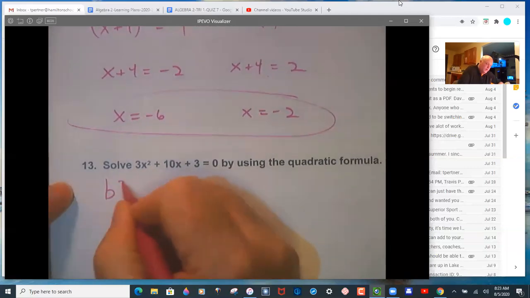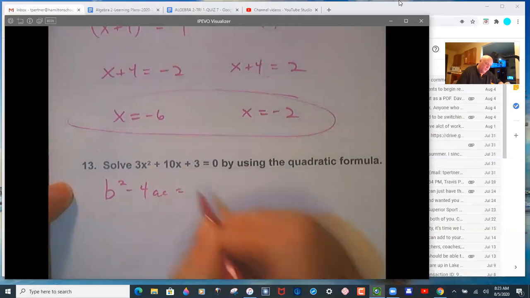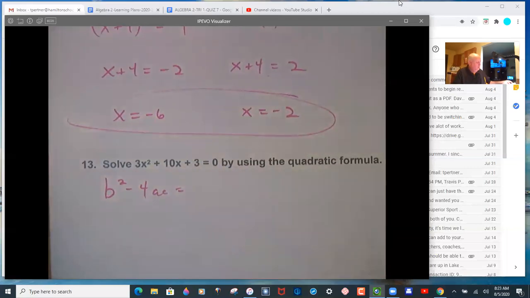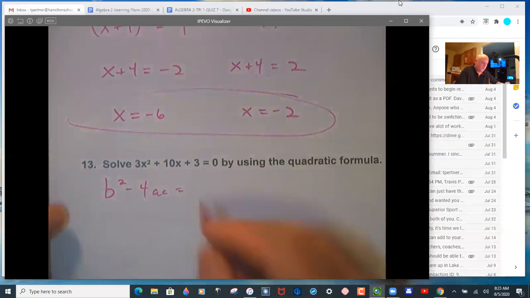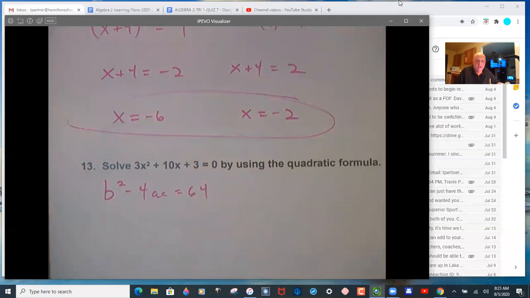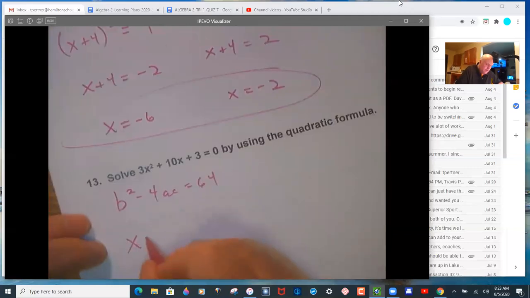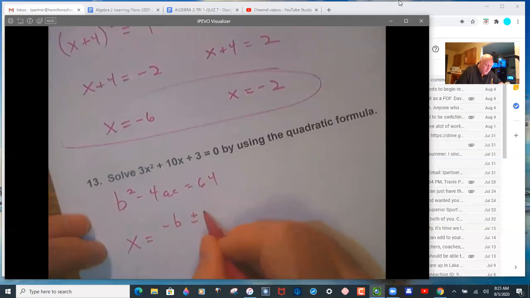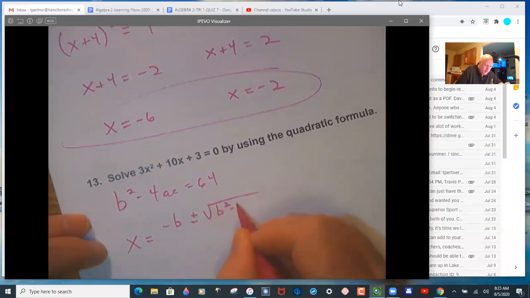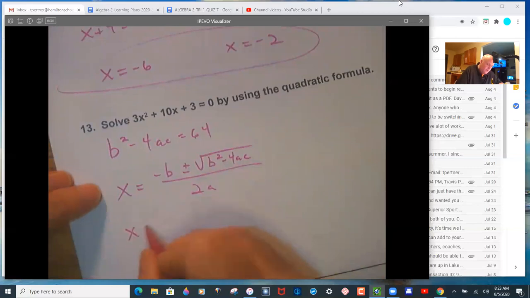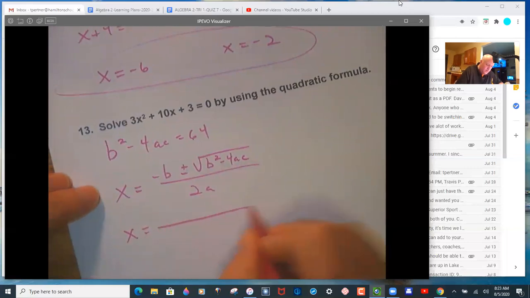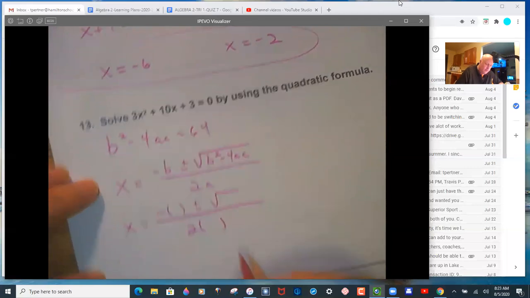Solve by using the quadratic formula. So we want to know what this is first. Okay, and that is, without me having to go calculate, 64. Which, yay, that's going to be easy then. I'll write the quadratic. I don't do this very much because I want you to know it. So we have the shell that I always do, where I say fill everything in.